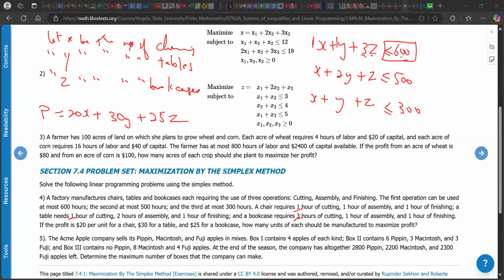And similarly, you go and you formulate the other inequalities, right? The profit one shouldn't be difficult for you because they tell you the kind of profit. You make $20 on a chair, $30 on a table, and $25 on a bookcase, right? So now I'm going to go over to the Simplex calculator, but let me erase all this stuff.